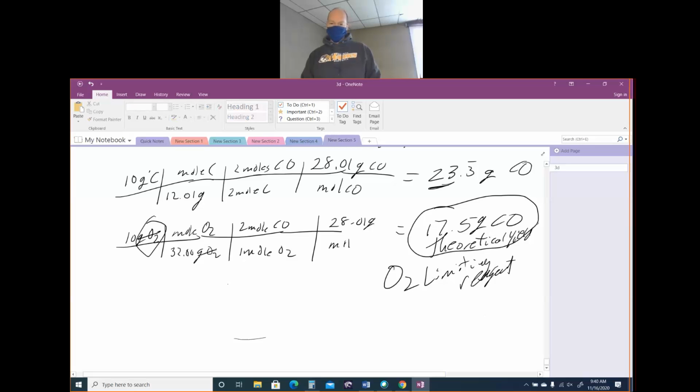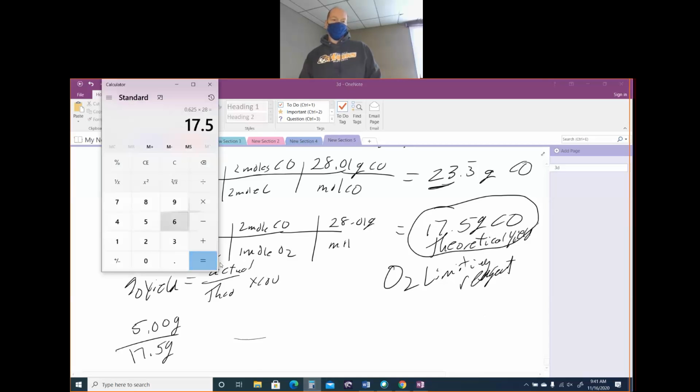All right, and so the last question was the percent yield. So you take your actual divided by theoretical times 100. The actual has to be given in the problem. It was 5 grams collected. 17.5 grams was the theoretical yield. 5 divided by 17.5.